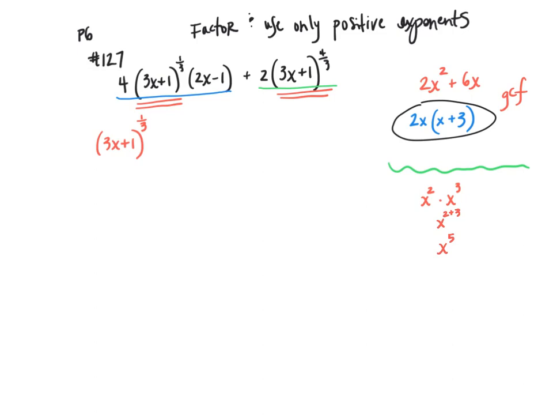So in this second group, we're going to be able to break apart 3x plus 1 to the 4/3 as 3x plus 1 to the 1/3 times 3x plus 1 to the 3/3, because the base here is 3x plus 1.